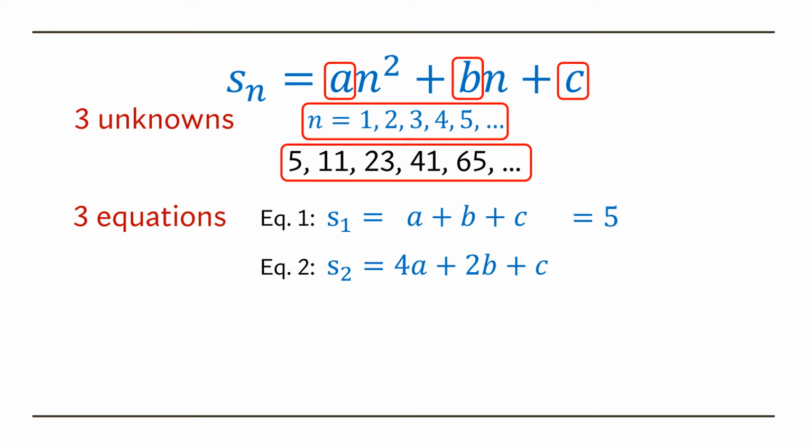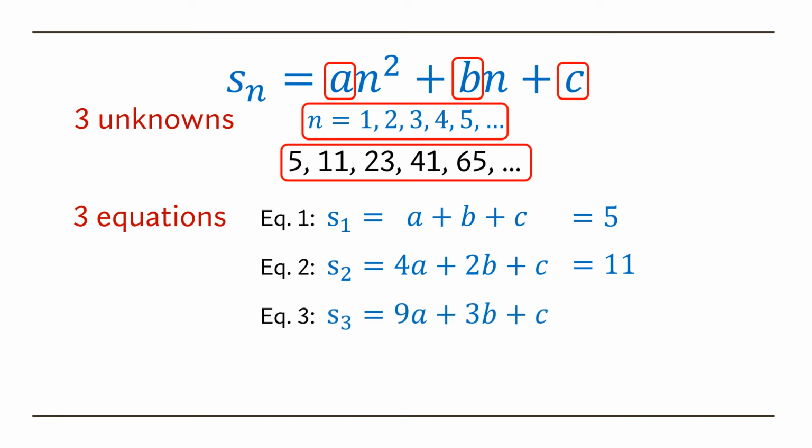So we haven't done anything to the c value once again. Now, what are we going to set that equal to? Well, what is S sub 2? S sub 2, if you look at the original sequence, is 11. So there's our second equation: 4a plus 2b plus c is equal to 11.